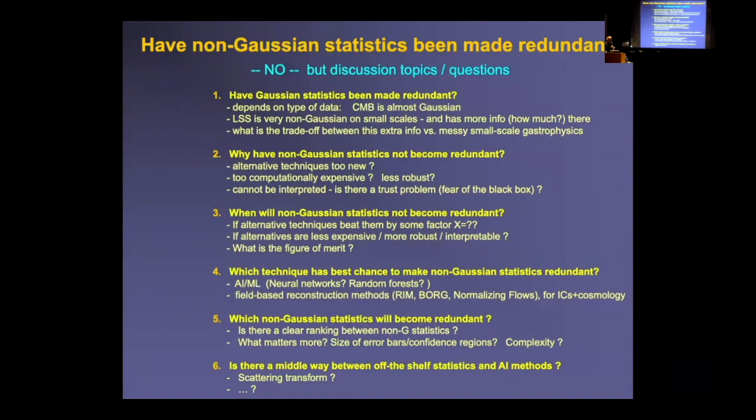For some parameters, we know all the information is in the linear power spectrum. So I'd like to see a comparison of even neural nets or non-Gaussian statistics with the linearly evolved power spectrum or something like that. We know that not for all parameters is all the information in that, but that could be a good benchmark, the information content in the initial conditions.